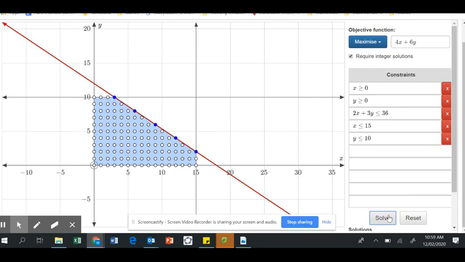Now, you would have noticed when you did your table, because you have to set up the table again, that point there and that point there were 2 maximums. So the optimal solution occurred at 2 points, which was 15, 2 and also 3, 10.